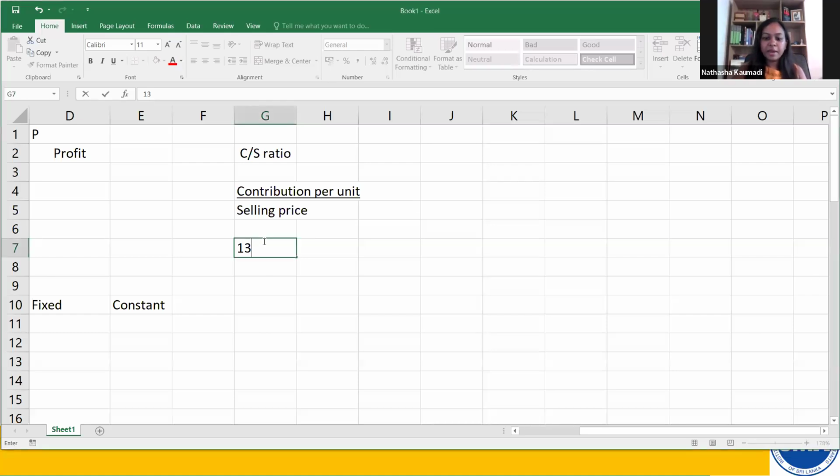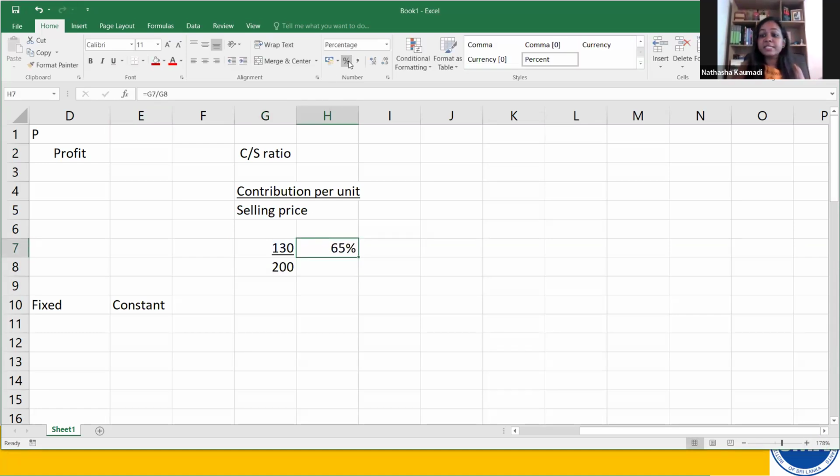So 130 divided by the selling price, which was 200. 130 divided by 200. As a percentage, it is 65%. Yes, 65%, correct.